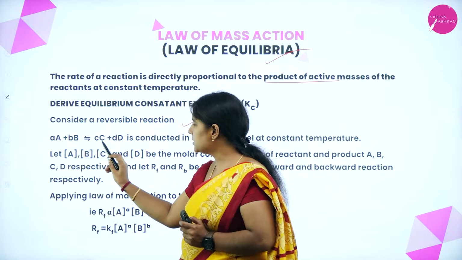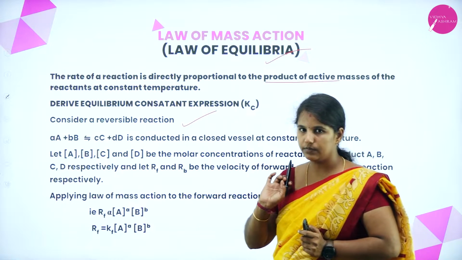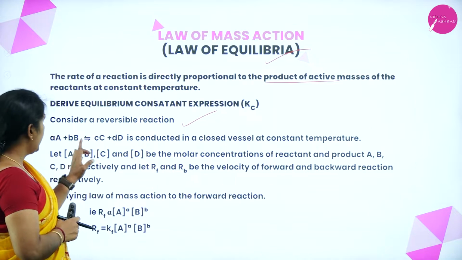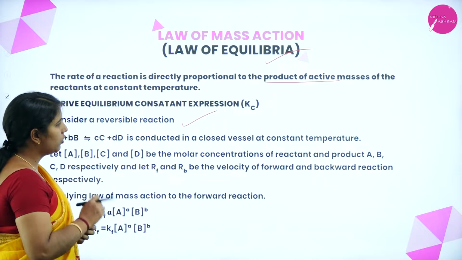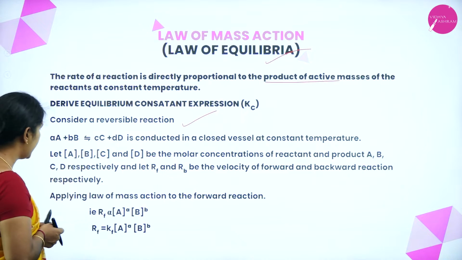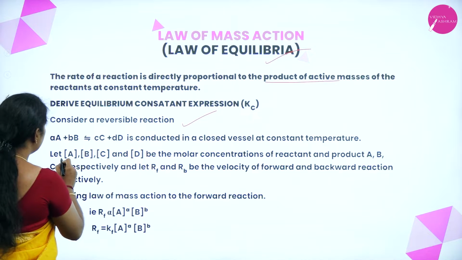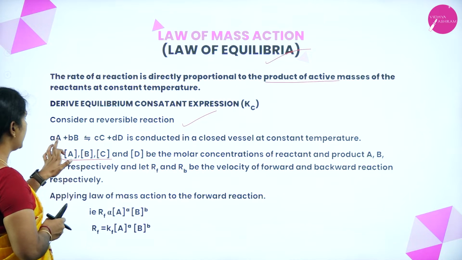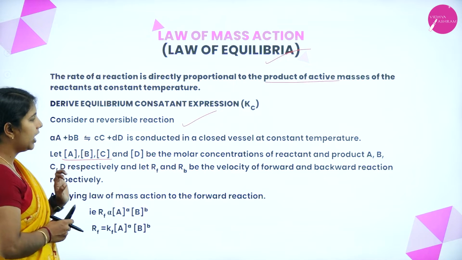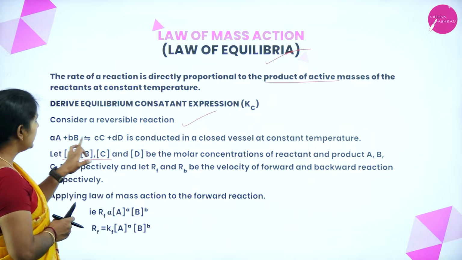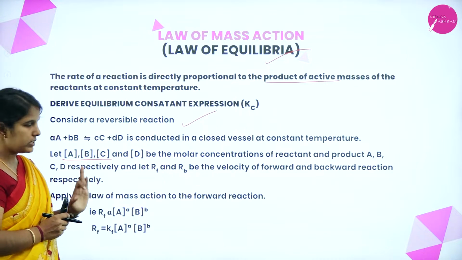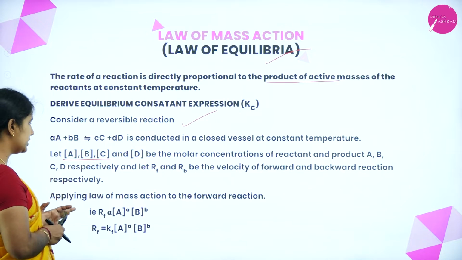The capital letters C and D are my products. Now, this reaction is conducted in a closed vessel at constant temperature. Let the molar concentrations of A, B, C and D be the molar concentrations of the reactants as well as of the products respectively.